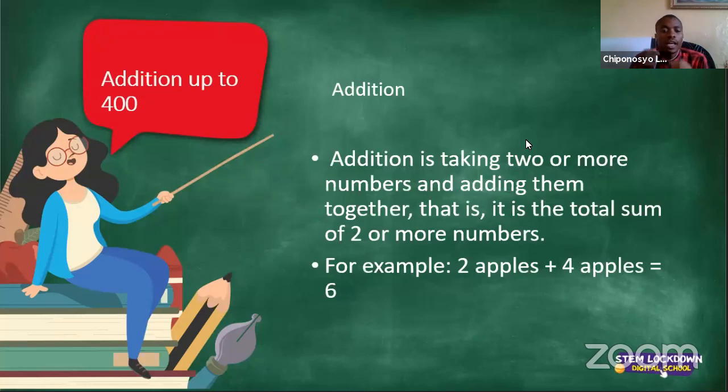So addition. When we are looking at addition, it's very important that we know that addition is when you're taking two or more numbers and adding them together. So when you're putting two numbers or things together, it's called addition. Like if I ask myself a question: I have a pen, I have another pen, how many pens do I have?